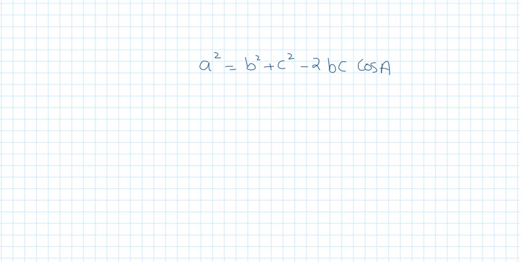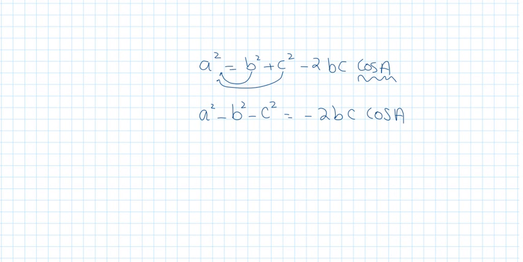Remember, I want to isolate for cos A. Now to move whatever is multiplied by cos A, that's BC and the cos A. Multiplication.